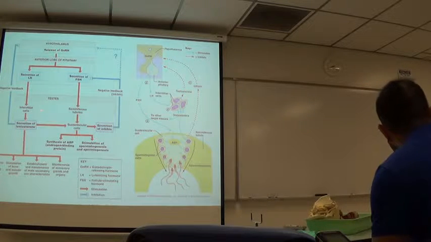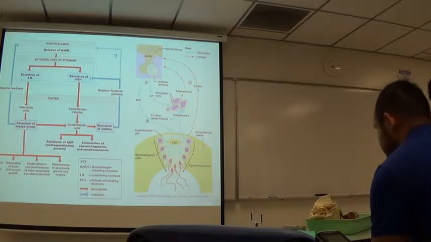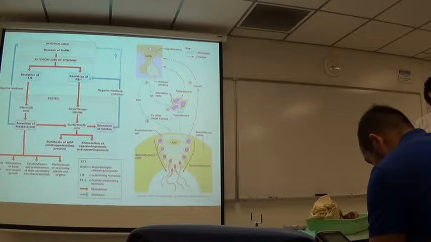Then the effect of LH on interstitial cells is to convert cholesterol to testosterone. It goes through a series of different forms. And now testosterone is going to go into the blood, because around the interstitial cells we have capillaries. So it's taken up by the blood and distributed throughout the body.